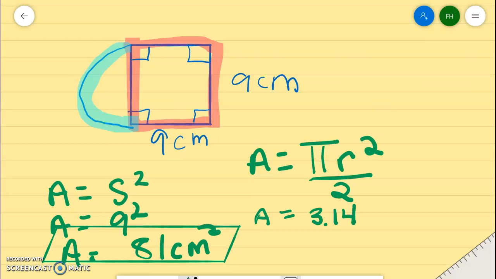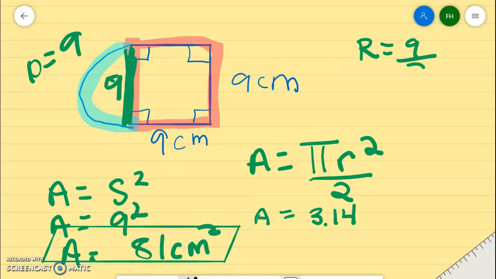The whole length of the circle is the diameter, which is 9. We don't want the diameter, we want the radius. The radius is always half of the diameter. So you take 9 and divide it by 2. Always remember the radius is half of the diameter. So your radius is 4.5.